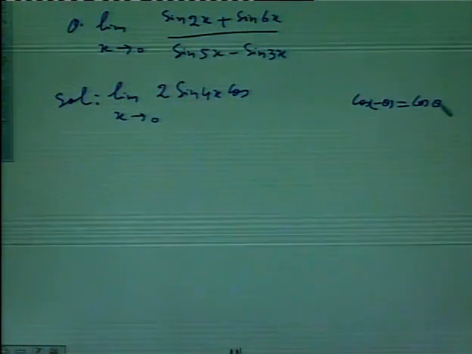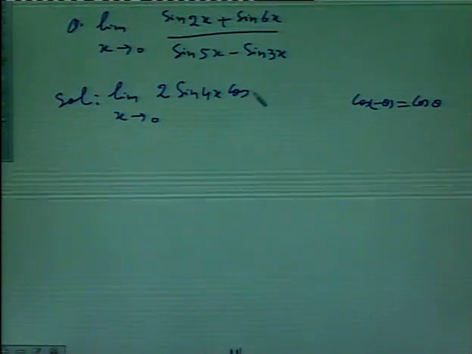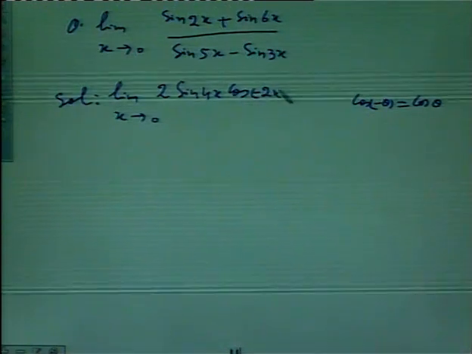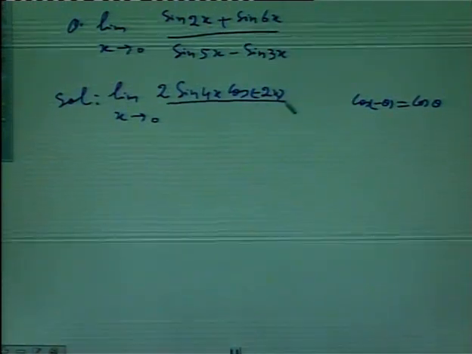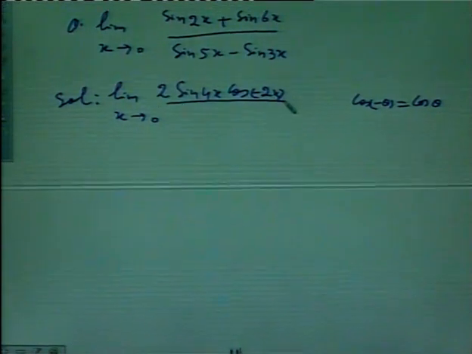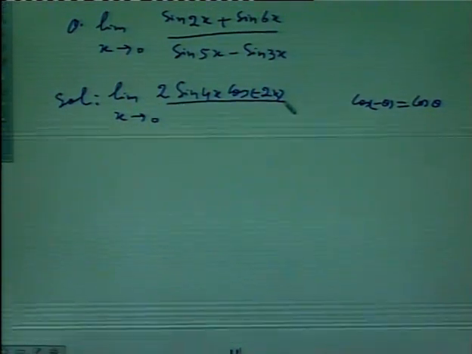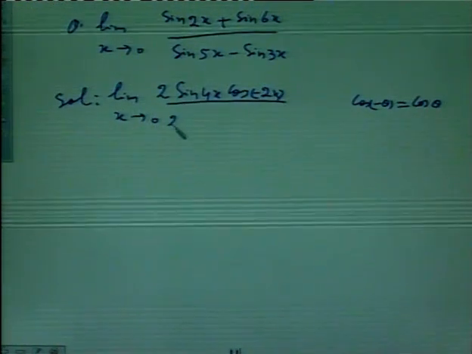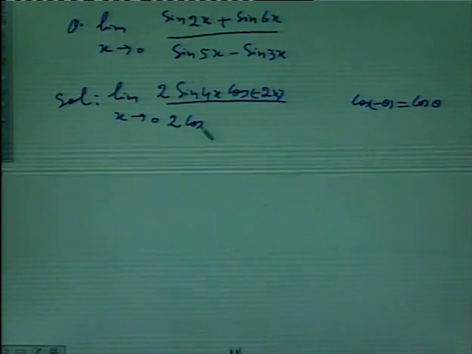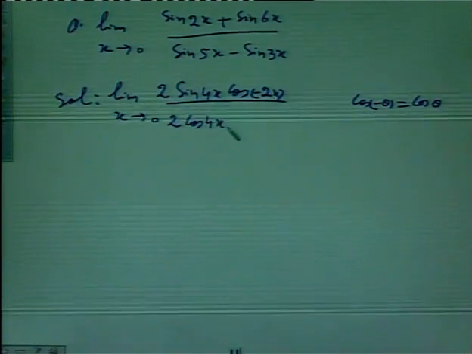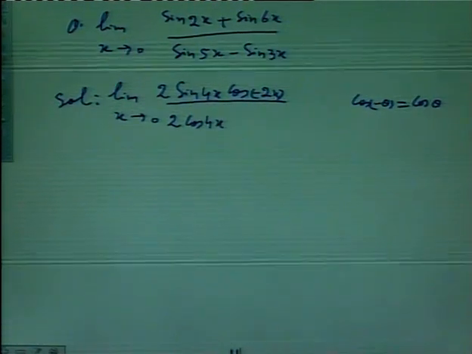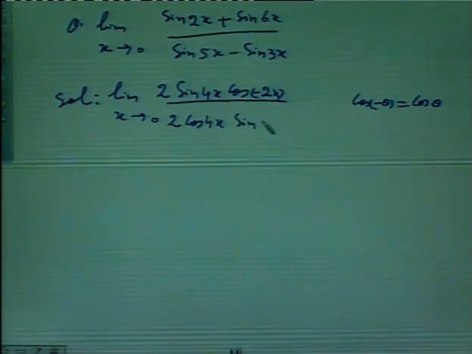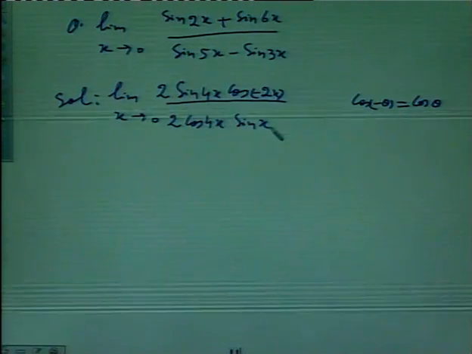So, here minus 2x, we may change this into simply cos 2x, and for the denominator, sin c minus sin d. The formula for this is 2 cos (c plus d) upon 2 sin (c minus d) upon 2.